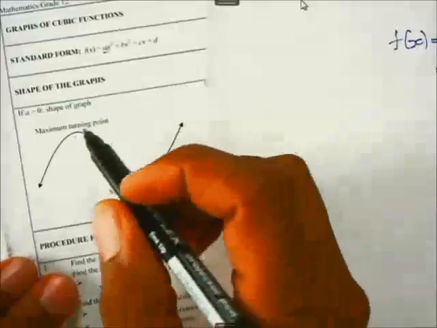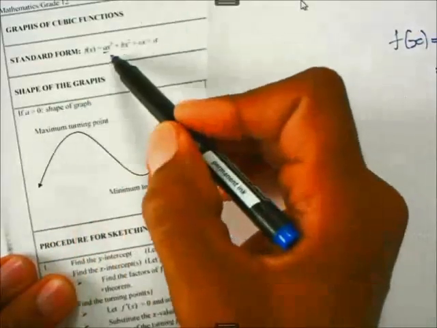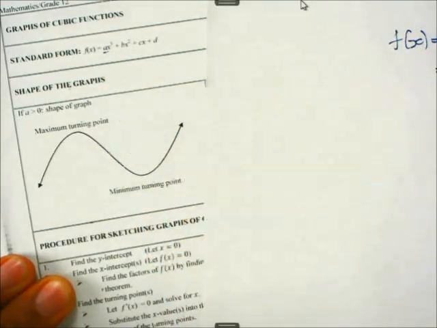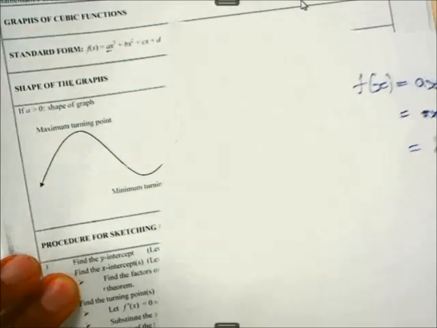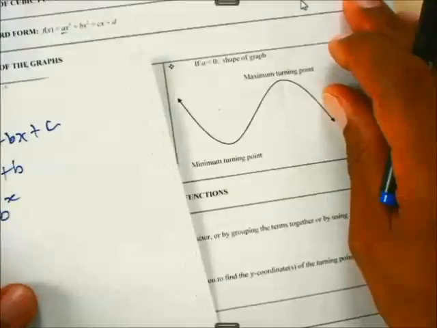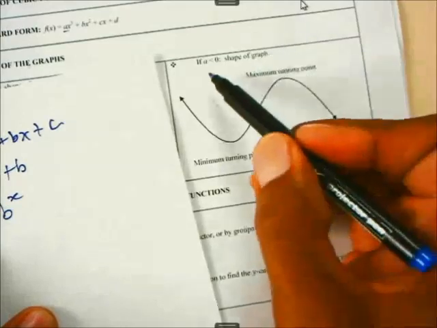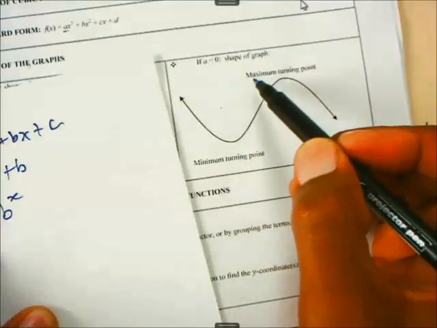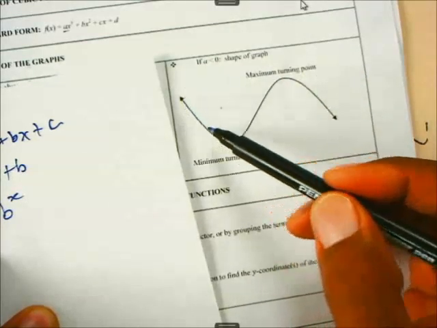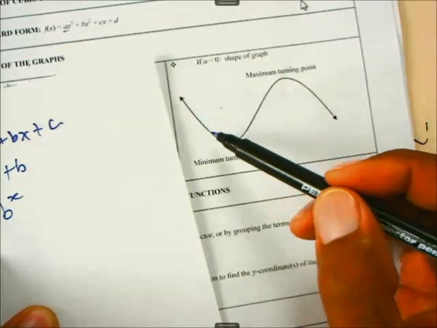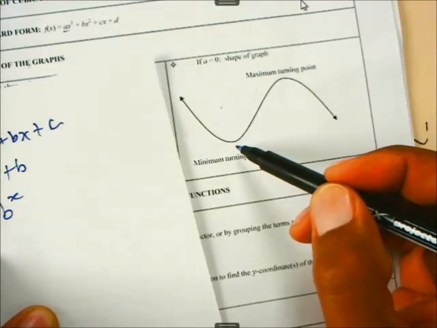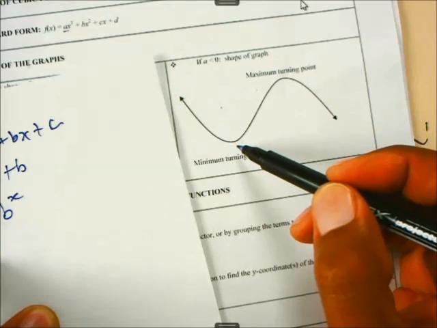That's the first important point: a greater than 0, we start with the maximum point. It means the graph increases first. Now, what if a is less than 0? Then let us look at this cubic function shape. It means the function will decrease first, so we are going to start with the minimum turning point, which is very, very important.